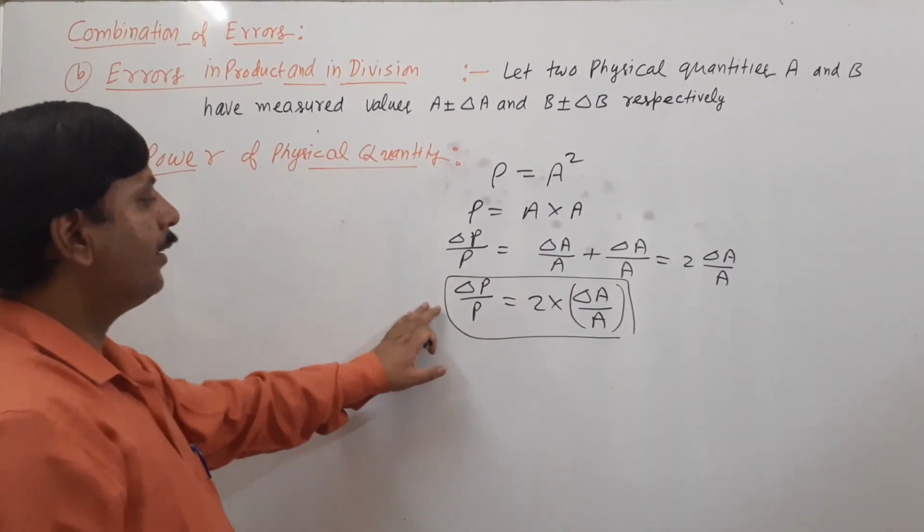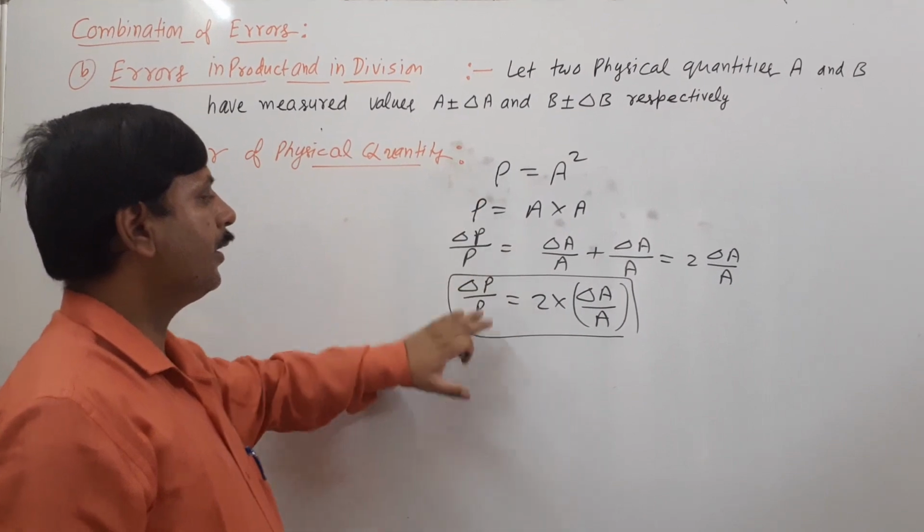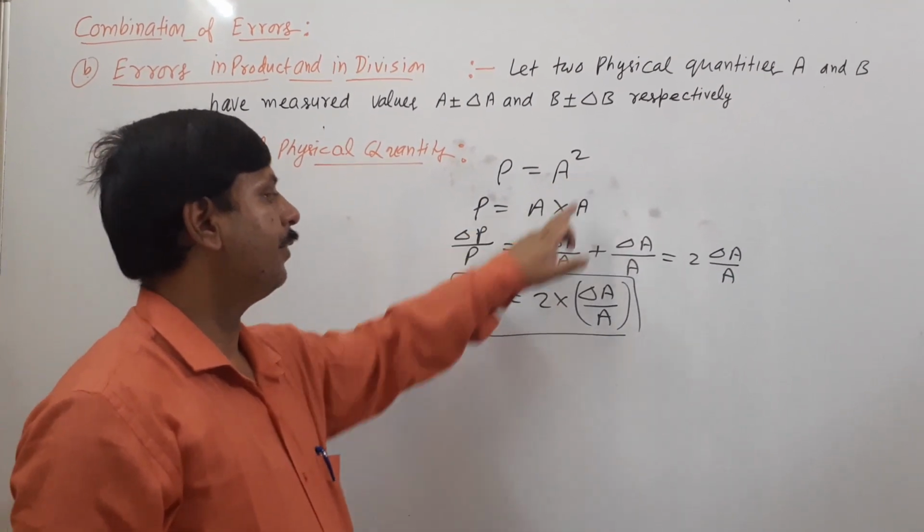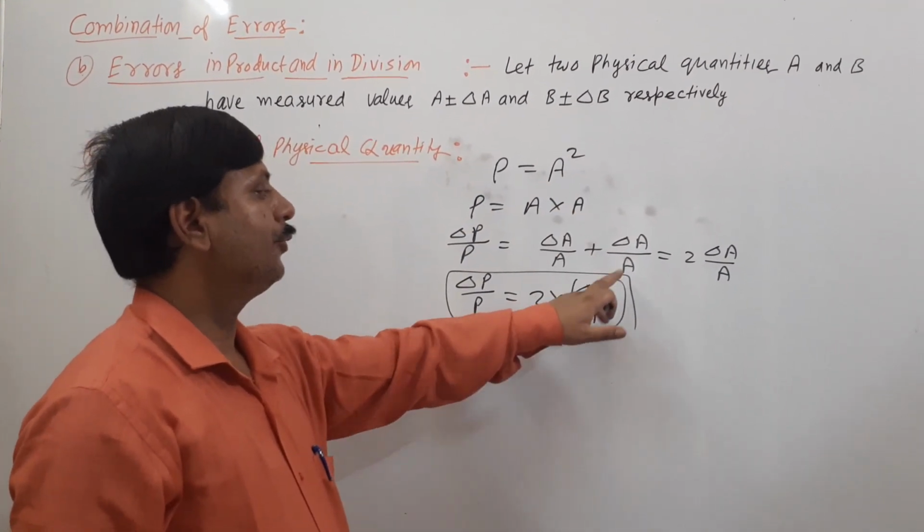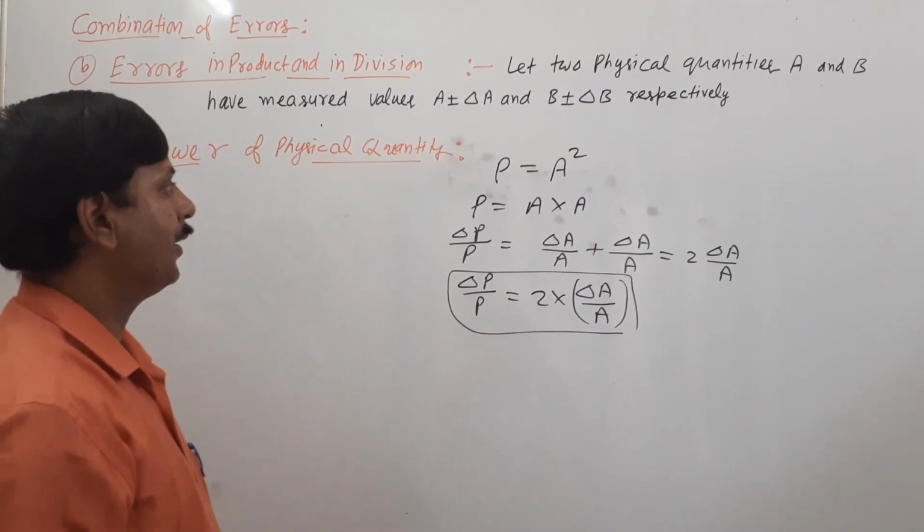So relative error of product is equal to what? Power is in multiple form to the relative error of the physical quantity.